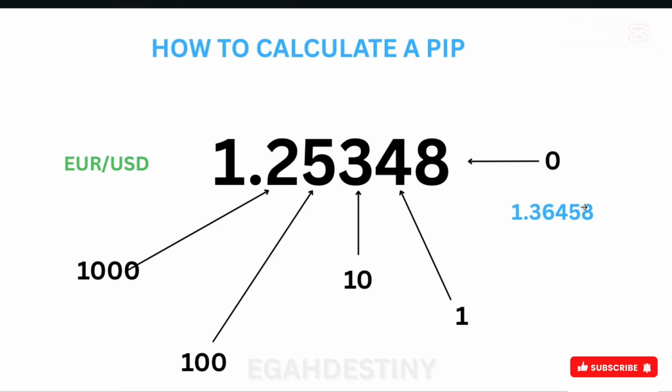Same thing happens if price changes below this to 1.1423, meaning price has gone down by 1,111 pips.